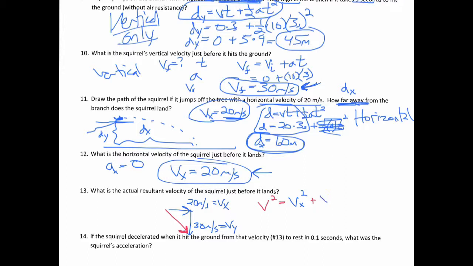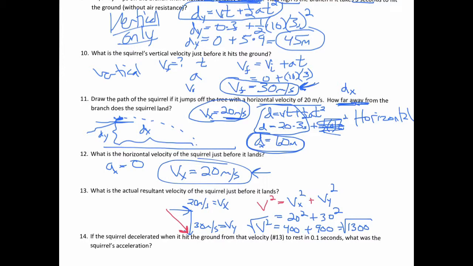So that's 20 squared plus 30 squared. I'm going to pause while I get a calculator. 400 and 900. That's going to give me 1,300. And if you can do the square root of that in your head, I applaud you.